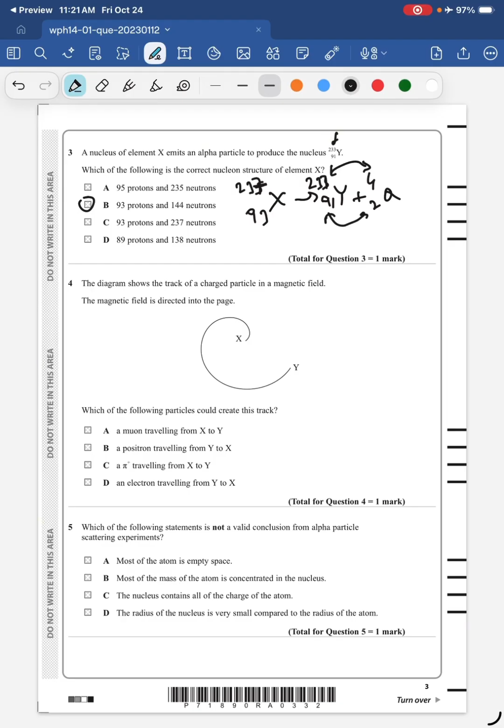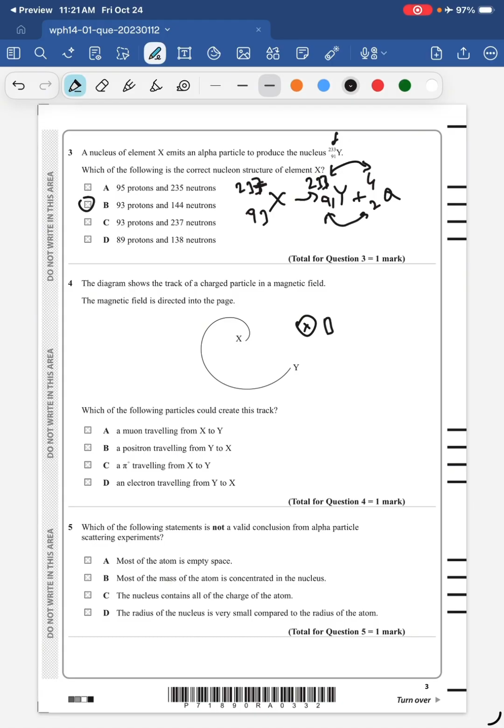Okay, question 4. The diagram shows the track of a charged particle in a magnetic field. The magnetic field is directed into the page, so it's like that. Okay, B. Which of the following particles could create this track? Let's see.